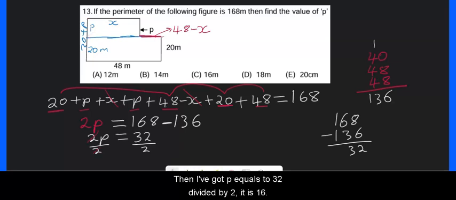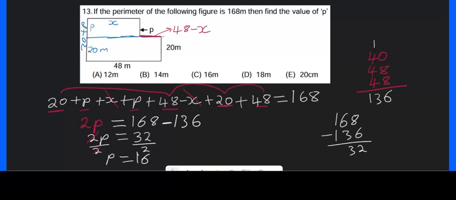Okay, then I've got p equals 32 divided by 2. It is 16. Then the answer here is C. Okay, the answer is C.